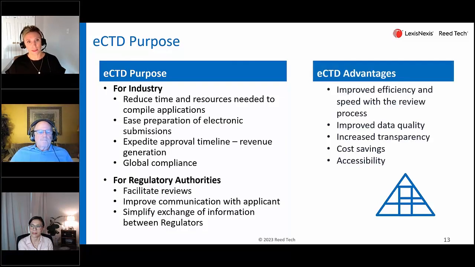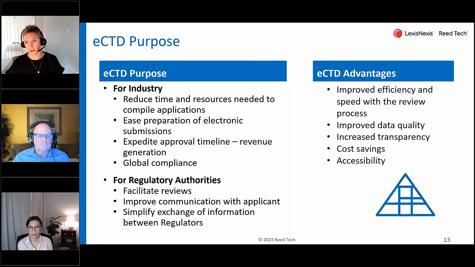So the eCTD serves several purposes, a lot of which we've just discussed, but it really comes down to, again, streamlining. And this comes from both time to market, cost savings, things like that. So it really does reduce the number of resources and time on the industry side, and it does expedite the approval timeline.